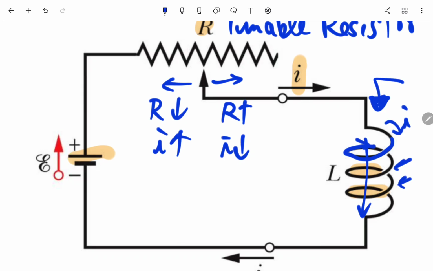If it starts from 0 and then increases, then according to Lenz's law, the other turns will try to generate some B induced. B is from turn 1, and for other turns, they try to generate some B induced pointing the opposite side, because here we assume that I is pointing downward and is increasing.